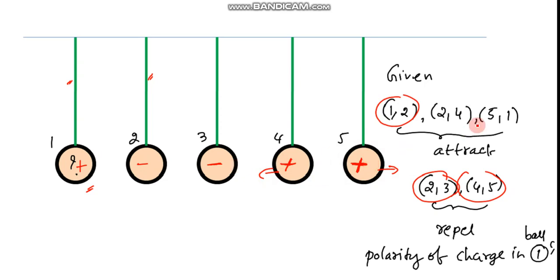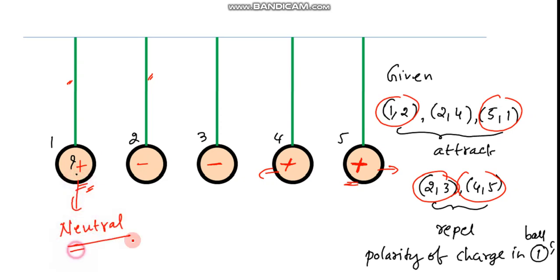Now, what about 5 and 1? They must attract. Is it possible to attract? Is there any attractive force between positive and positive? No. So what can you conclude? If there is an attractive force between 1 and 5, then ball 1 must be neutral.